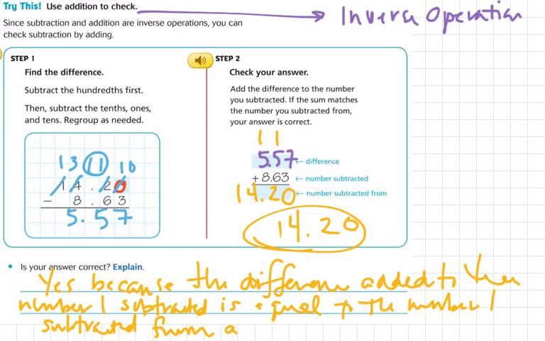And you can see my answer is correct. So boys and girls, another strategy to check your subtraction is to use addition, which is its inverse operation.